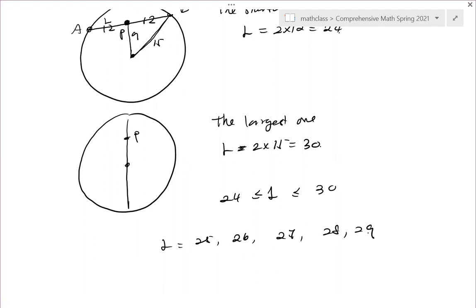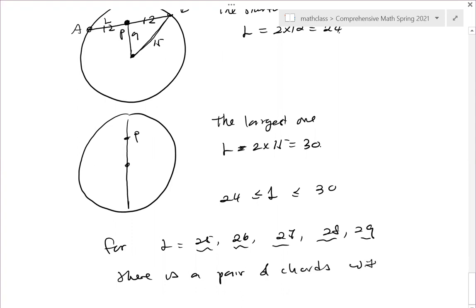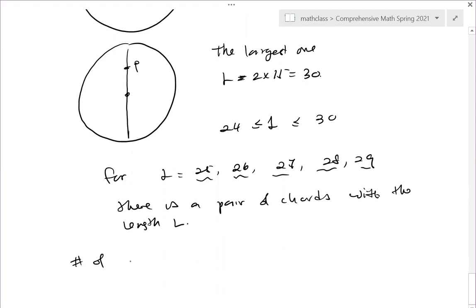For each of these numbers, there is a pair of chords with that length. So the total number of chords with integer length is 1 with length 24, then 2, 2, 2, 2, plus 2, which is 10, and the last one is the longest one, the diameter. So the answer is 12.